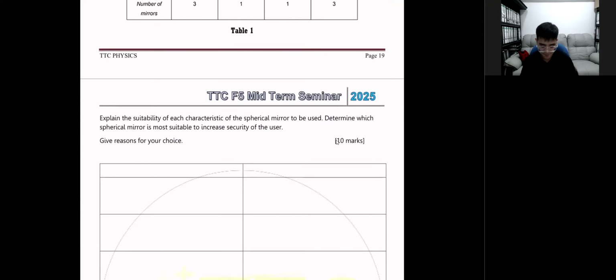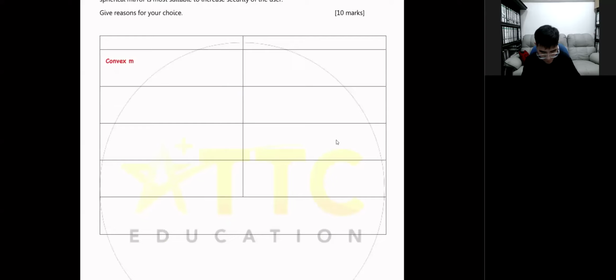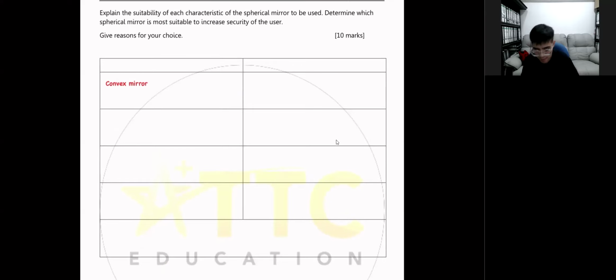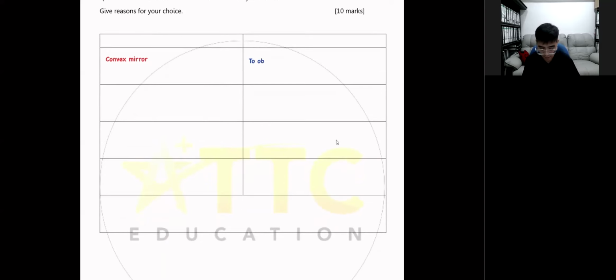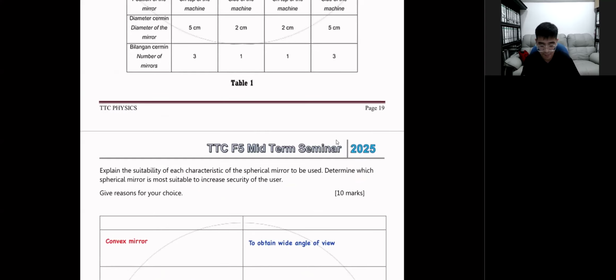So convex mirror. Again, same reason. There's only one advantage of using convex mirror, which is to obtain wide angle of view at the back. Because this security mirror used in the ATM machine is for you to notice suspicious people behind you.